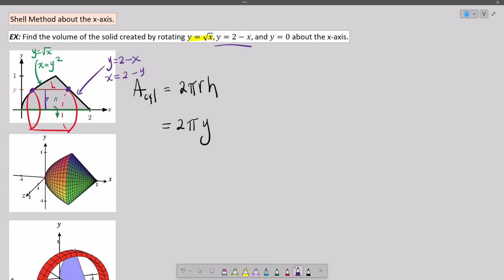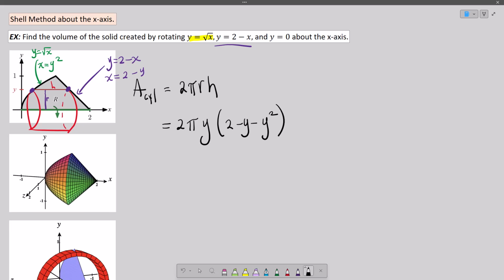So the height is going to be the right x, which is 2 minus y, minus the left x value. The x value over here is y squared. So there is the area of the cylinder at height y: 2 pi r h.